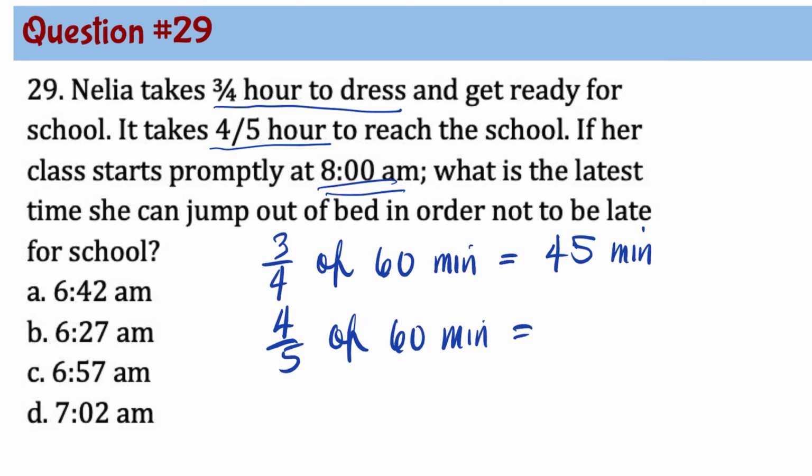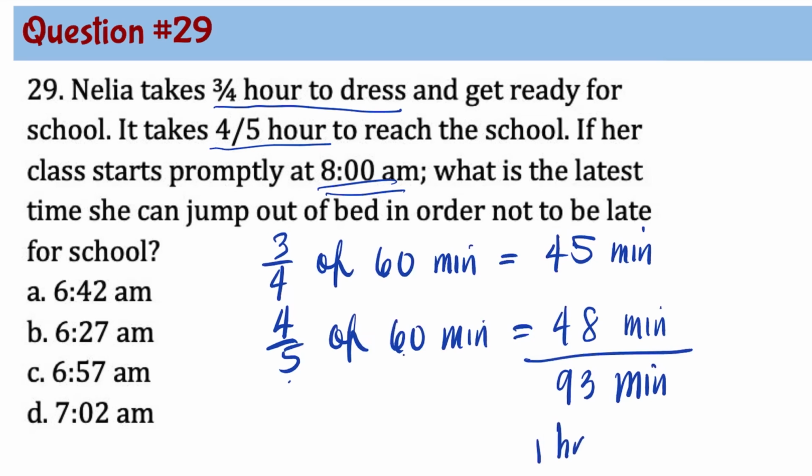So the same thing, 60 divided by 5 is 12. 12 times 4 is 48 minutes. So that means she needs a total of 93 minutes before getting to school. So 93 minutes is the same thing as 1 hour and 33 minutes because 1 hour is 60 minutes.